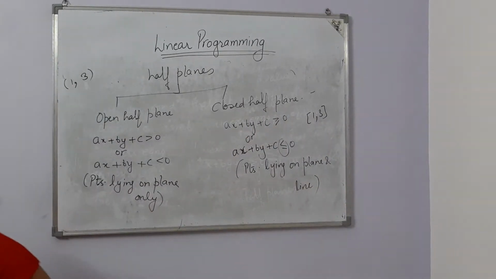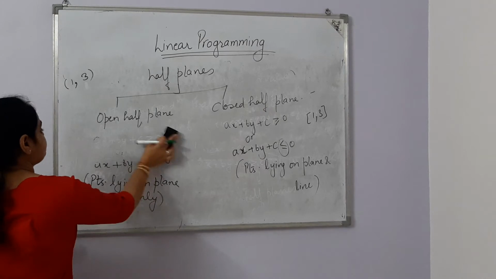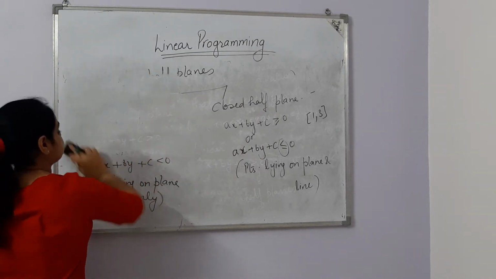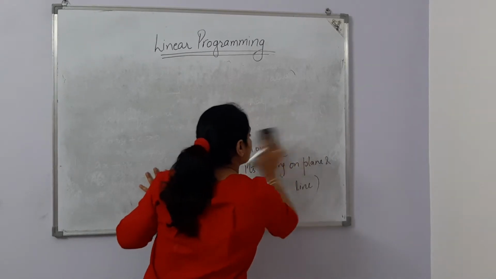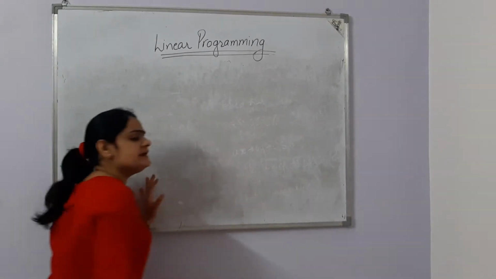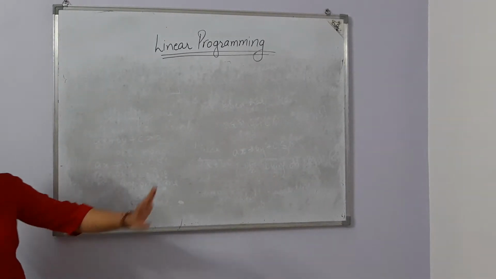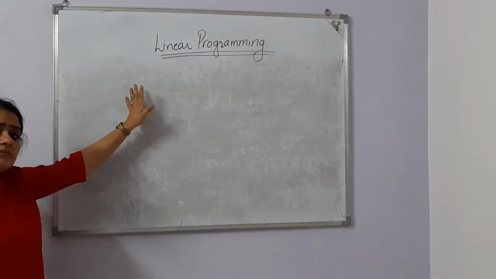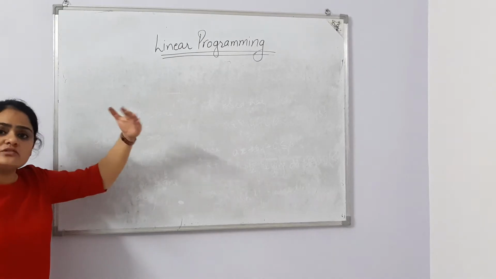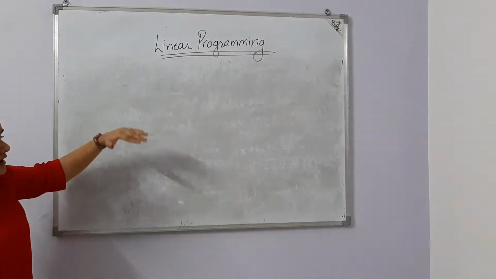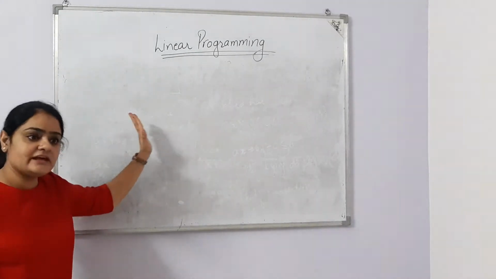So we need to do one question. This was the theoretical explanation. Now in questions it will be clear how we can form an open half plane, how we can form a closed half plane, and how we can draw a line as well as a plane.